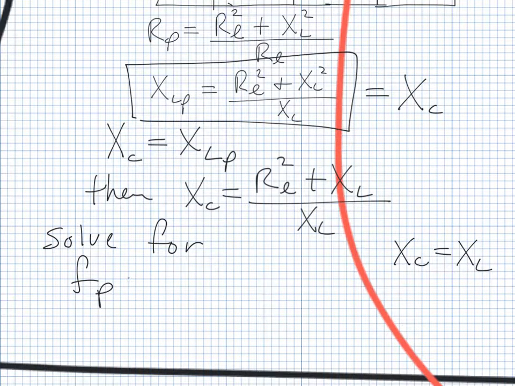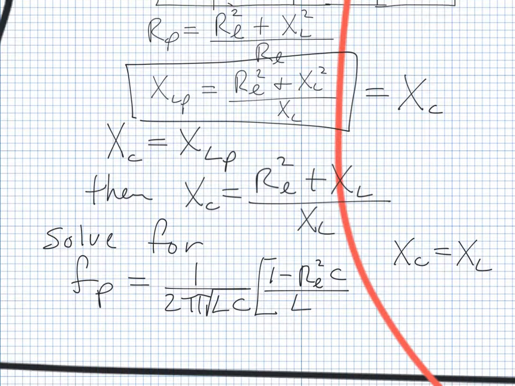And you're going to come up with this ugly equation. This part is familiar, but then you would also have this on it, and that would all be multiplied by 1 minus RL squared times the capacitance over L. And this entire bracket is the square root, so that's to the 1/2. All right, so you have that equation.